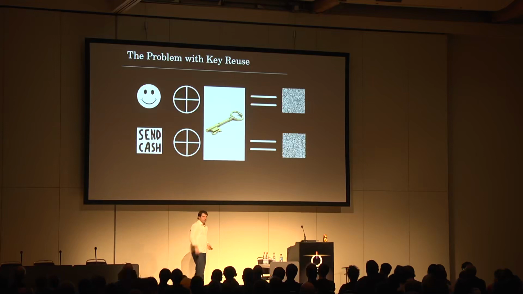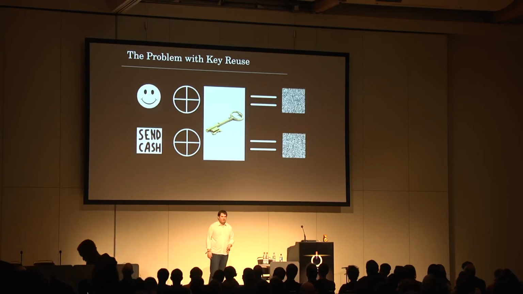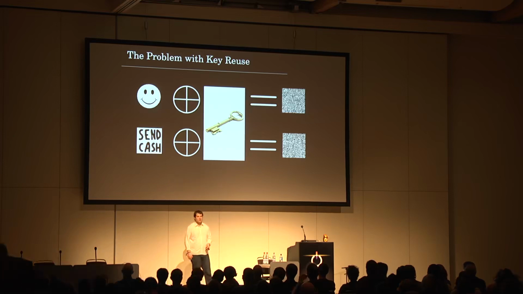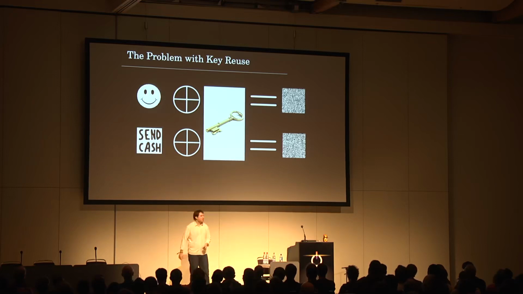So, what's key reuse? Key reuse, astonishingly, is when you reuse the same key stream twice to encrypt two different plaintexts. As you can see, let's take a certain key. This is the key. We XOR the first plaintext with the key, and the second plaintext again with the same key, and we get two bunches of noise.